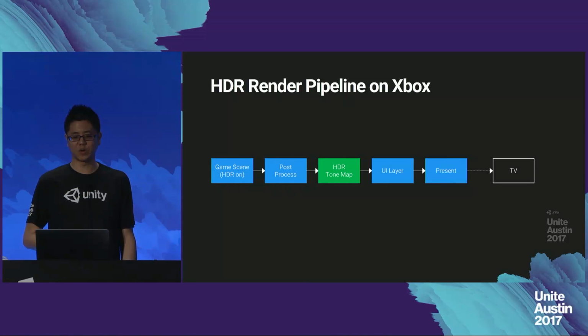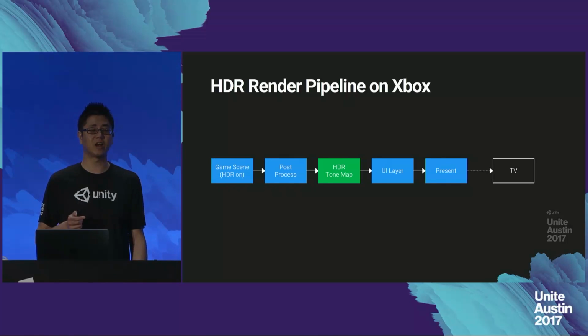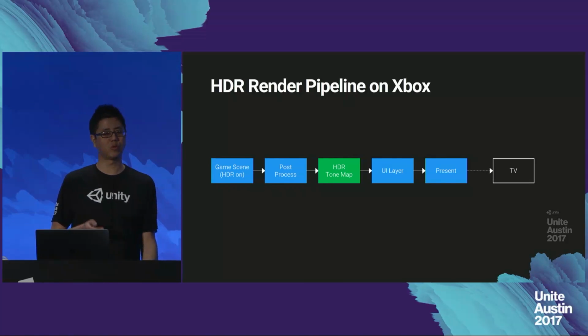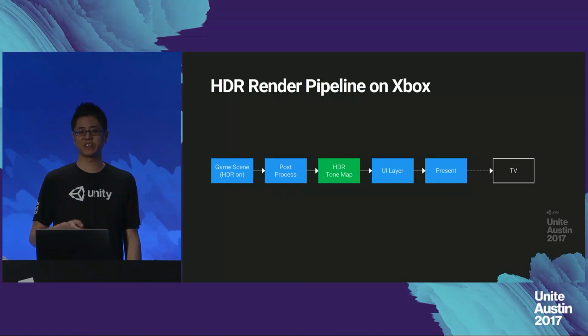Well, as it turns out, we still need to present an SDR frame for Game DVR. And this makes sense, because we want players who don't have the newer Xbox or an HDR TV to be able to watch your game clips. So while our HDR10 image is complete, we'll also need to construct an SDR frame.